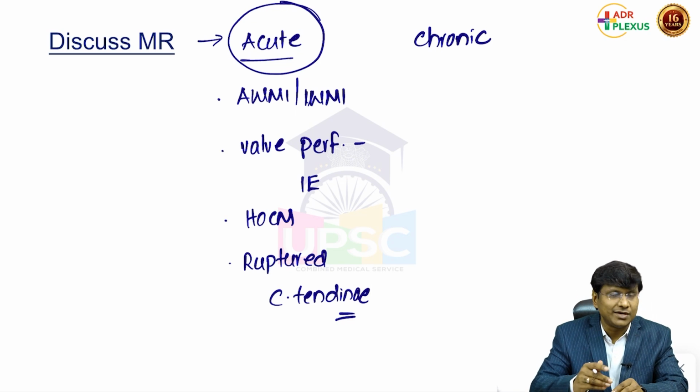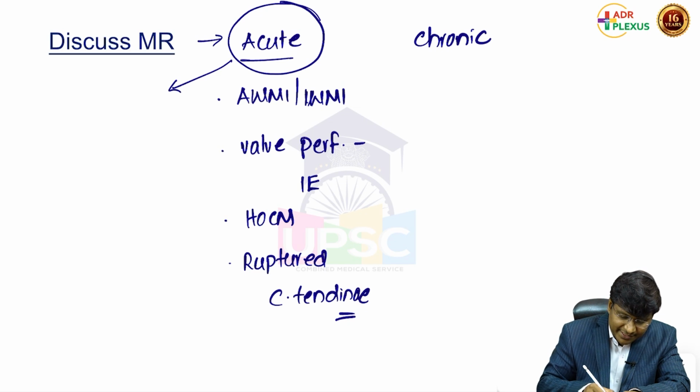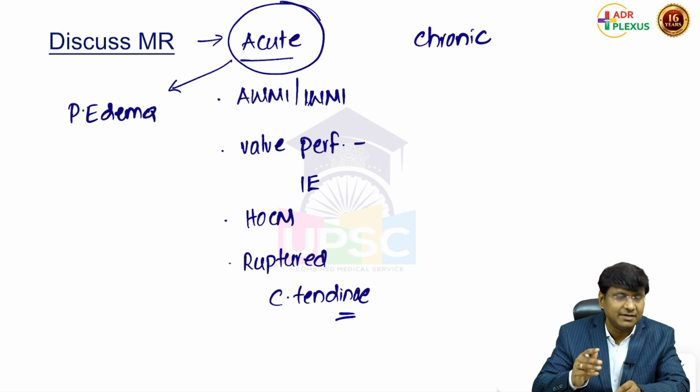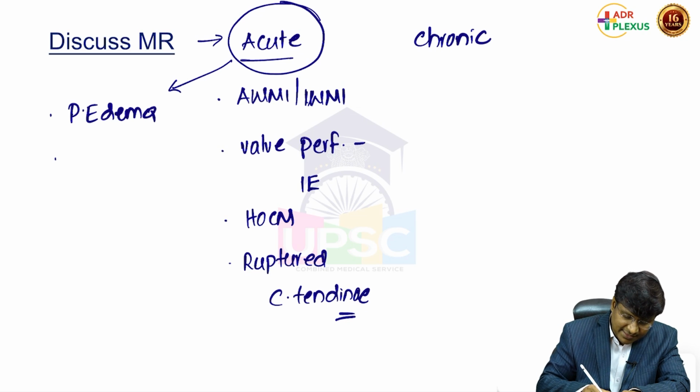So these are all the causes for acute mitral regurgitation. And these patients with acute mitral regurgitation develop pulmonary edema. They will present with sudden onset dyspnea.